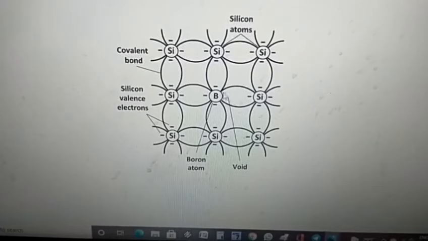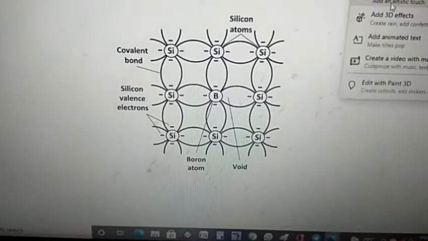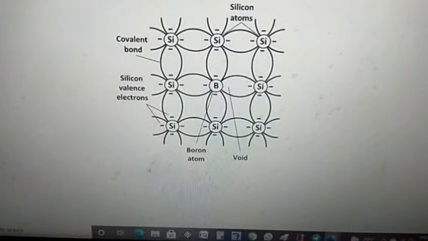Here the electron hole is there. This electron came, and see now, here the electron hole is there. Now what is happening? This electron came here and it fills that electron hole. Then what happens? Here again a hole will be formed.